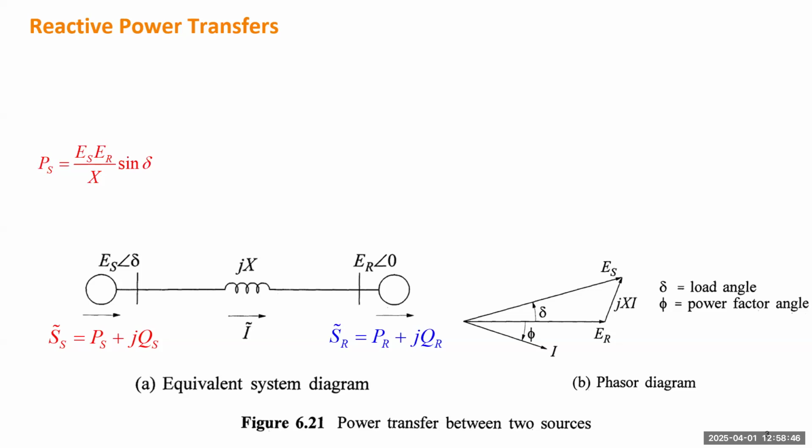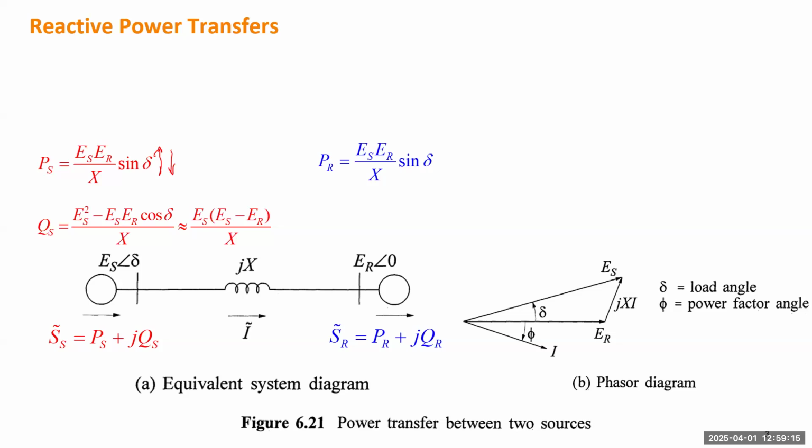So this is the active power sent from the left-hand side. And the active power received on the right-hand side is exactly the same if we ignore any resistance. If we want to increase active power, we can just increase delta, or decrease delta to decrease the active power. So delta is critical for changing the active power.